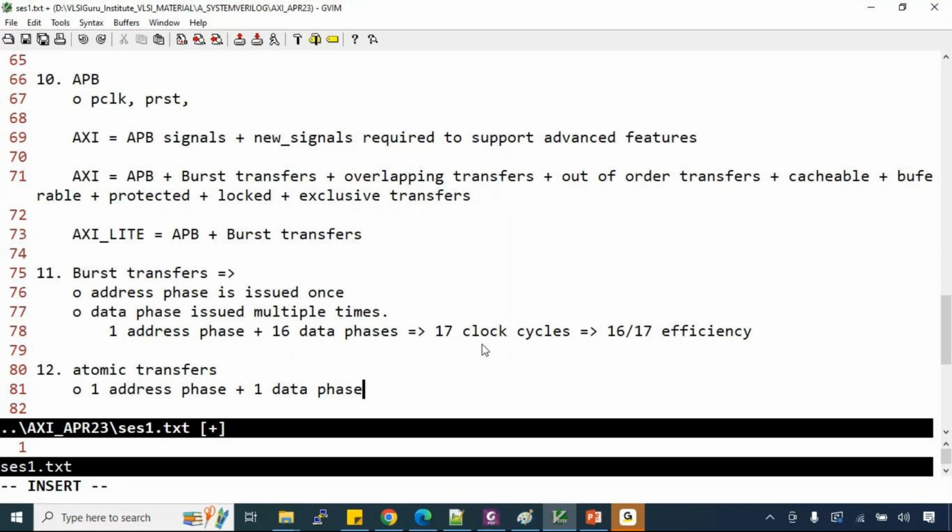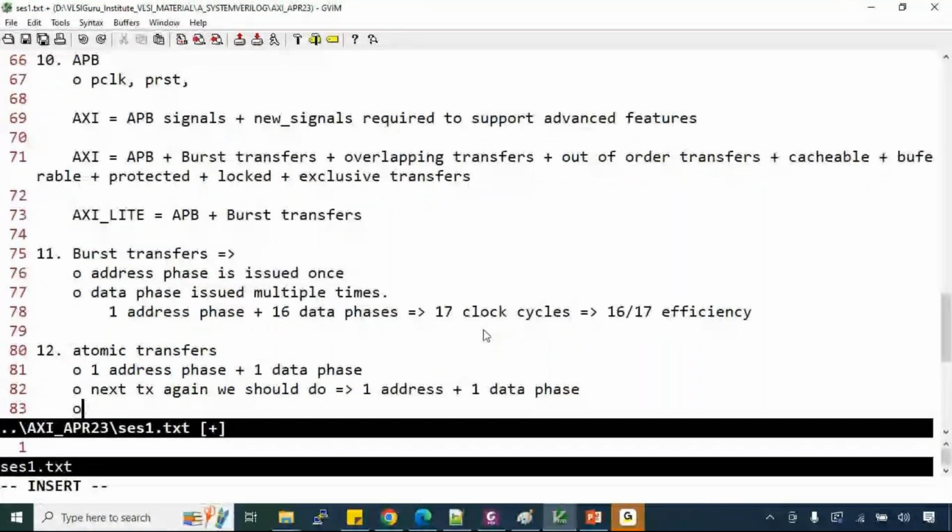For the next transaction, again you have to do one address phase. So for transferring 16 total transactions, 16 address phases, 16 data phases. So what is the transfer efficiency? 16 by 32.